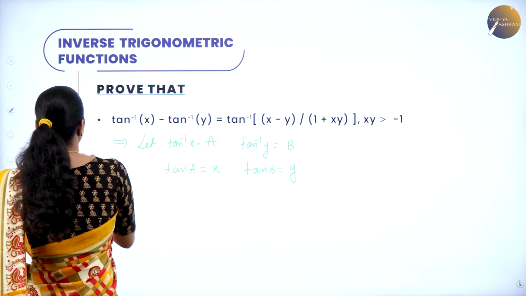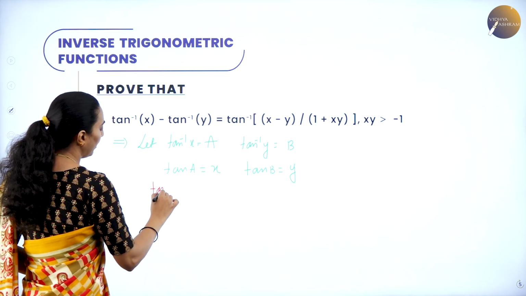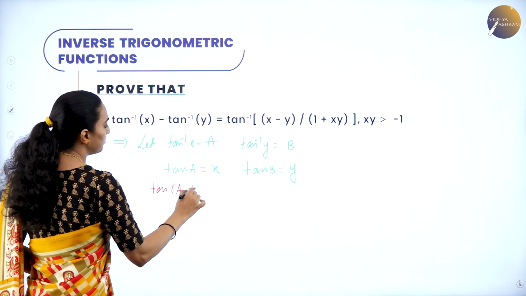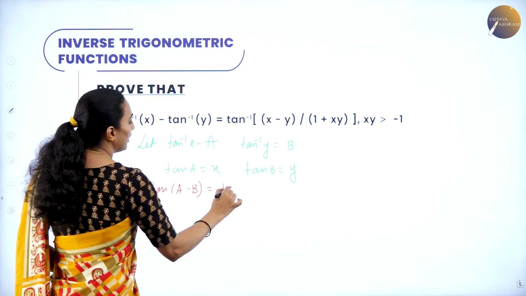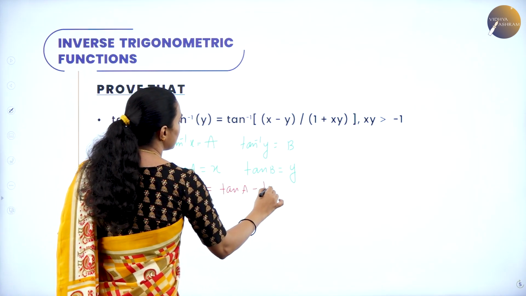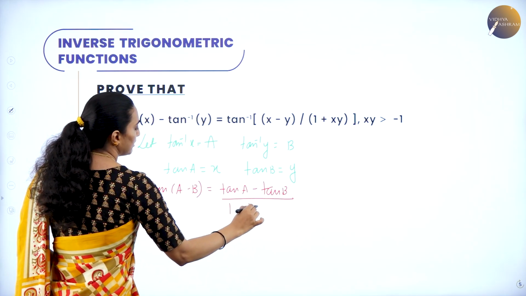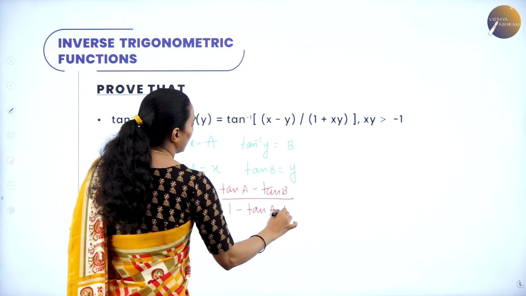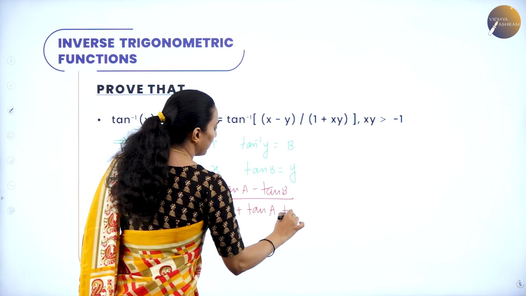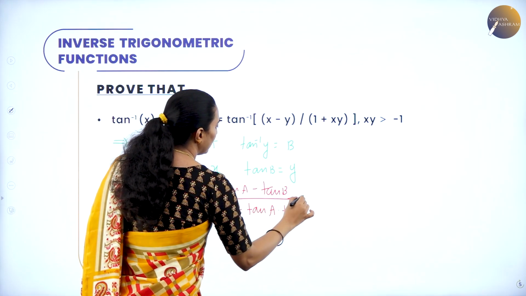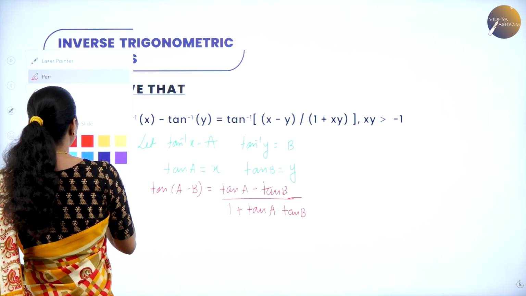So I can use here tan of a minus b is equal to tan a minus tan b divided by 1 plus tan a into tan b.